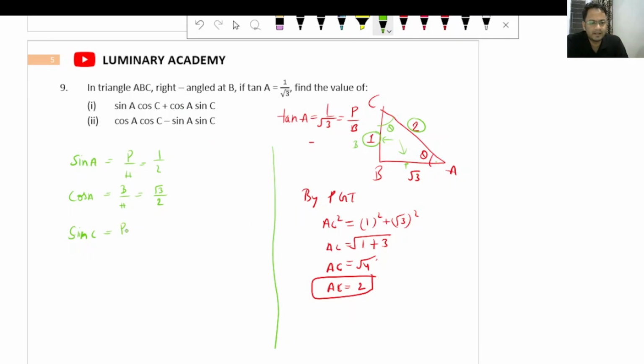So in this case perpendicular will be root 3 and hypotenuse will be 2, so sin C is root 3 by 2. And cos C accordingly will change, because cos C means base upon hypotenuse, so base will now become 1 and hypotenuse will be 2 only, so it will be 1 by 2. We got all the ratios.